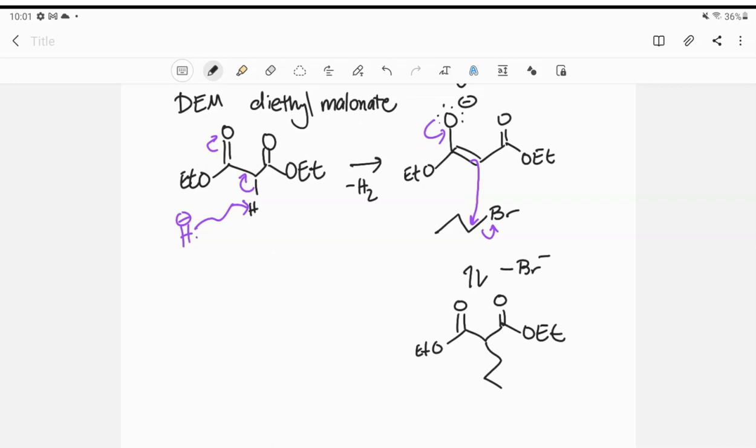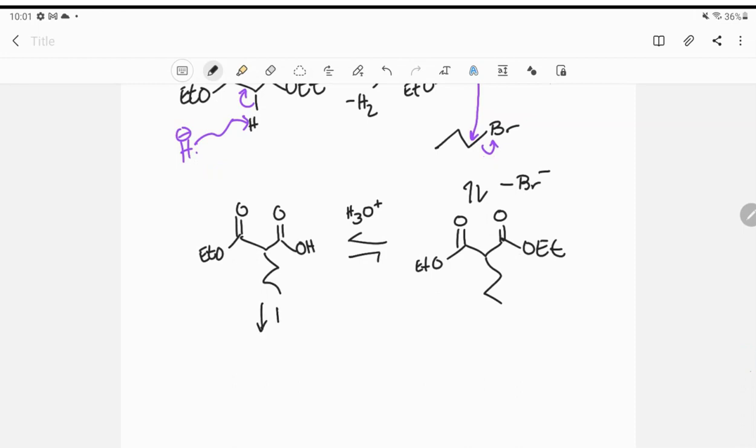So as we hydrolyze this, again, it does not matter which side we hydrolyze, because this molecule is symmetrical, right? There's symmetry involved here. We have our carboxylic acid now.